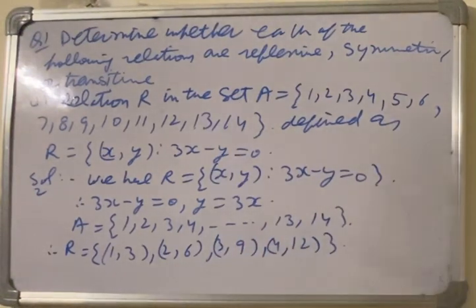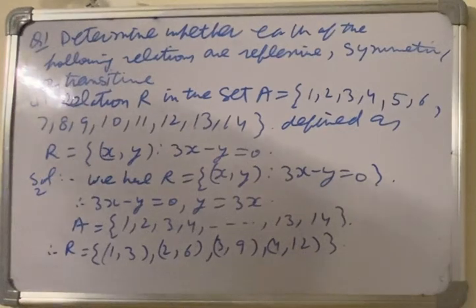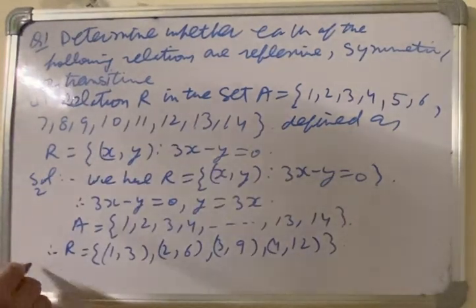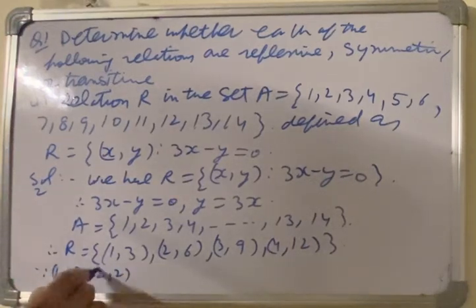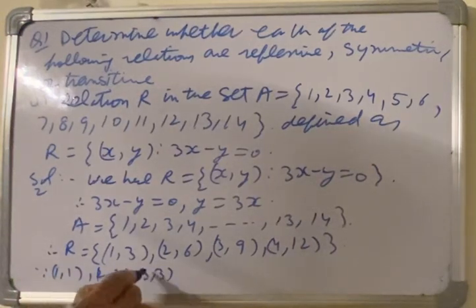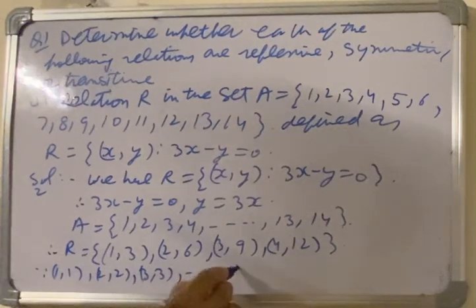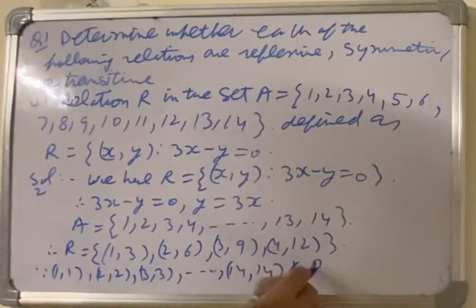We cannot take x equal to 5, because y will be 15, which does not belong to A. Now from this you can see that (1, 1), (2, 2), (3, 3), and so on up to (14, 14) do not belong to R.